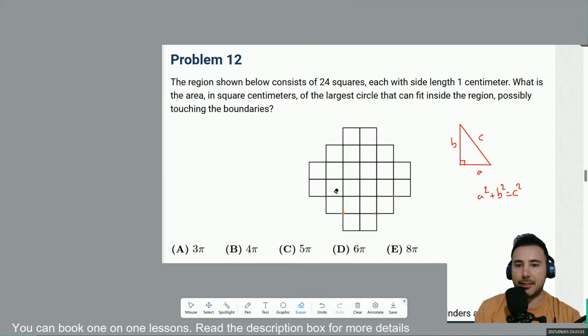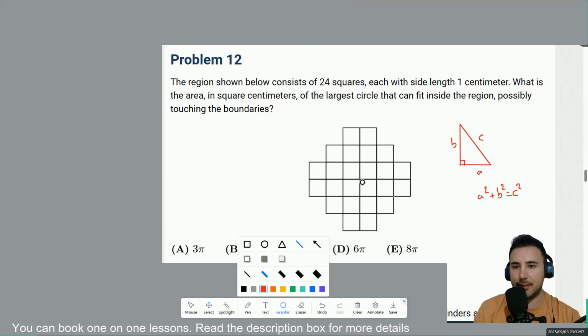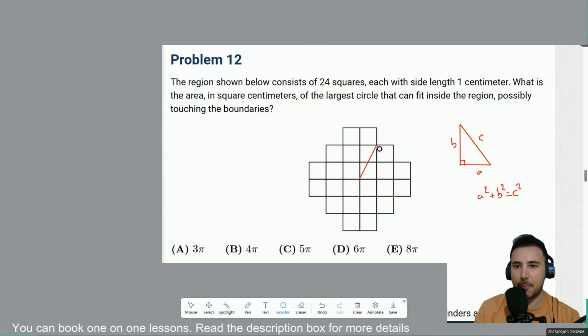So technically, that is the radius that is allowed. This is the smallest one. So if I have a circle with this length, it's okay, right?